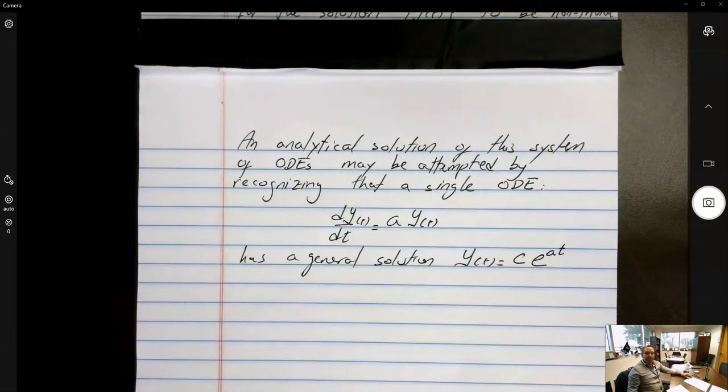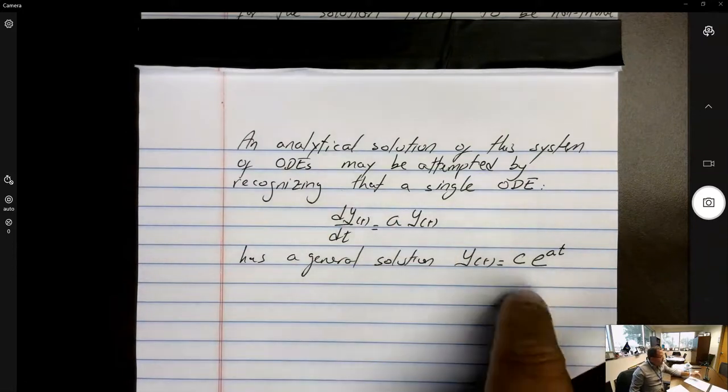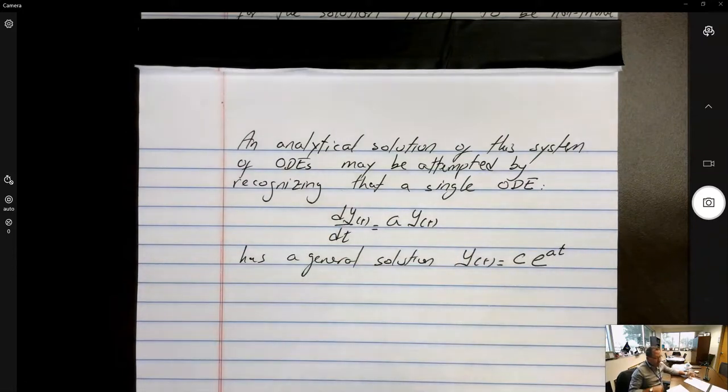Right? So we know how to get that by separation, and we know where the constant of integration comes from.